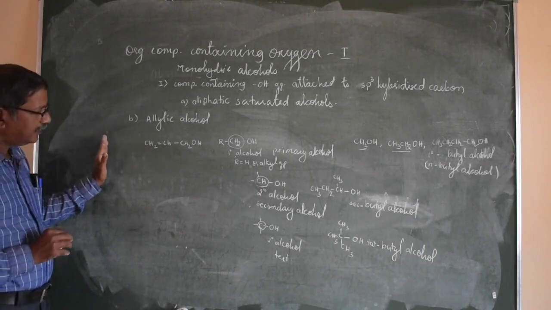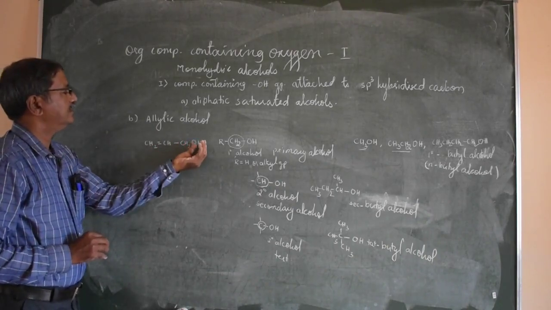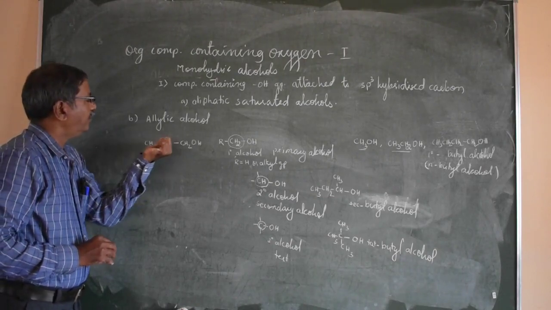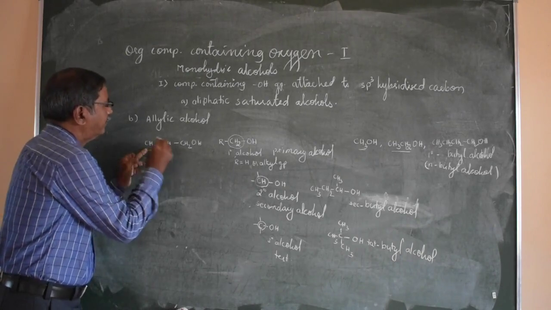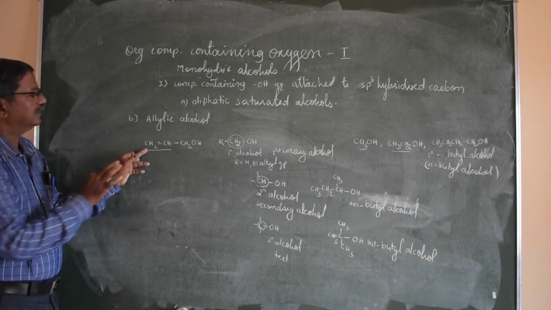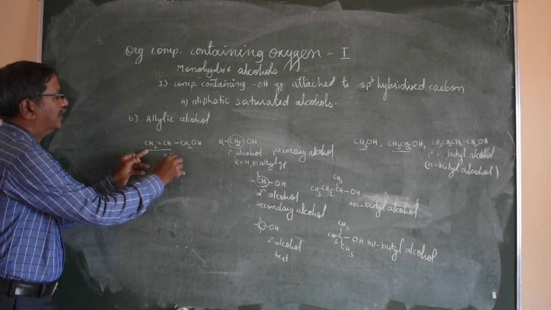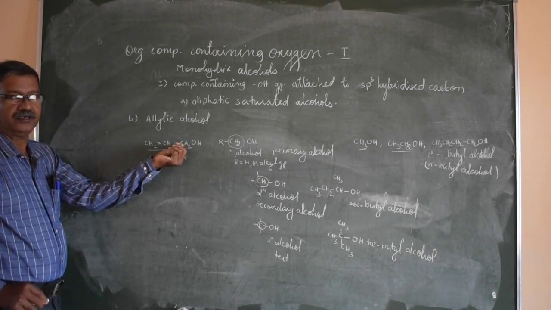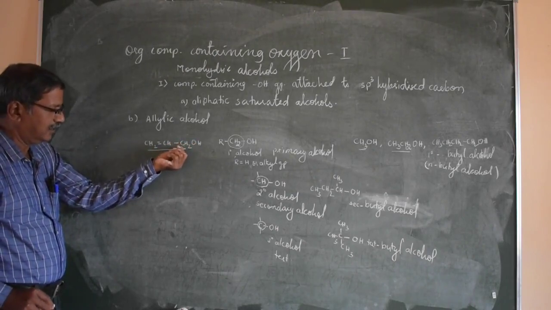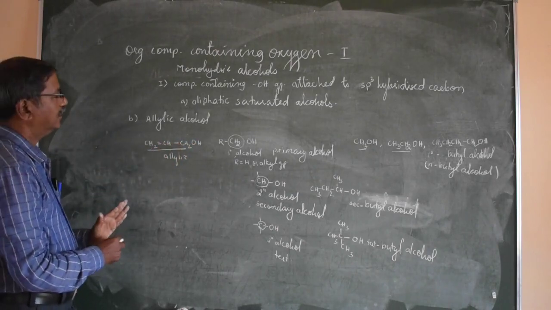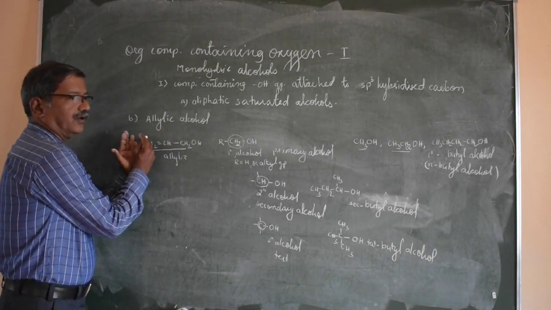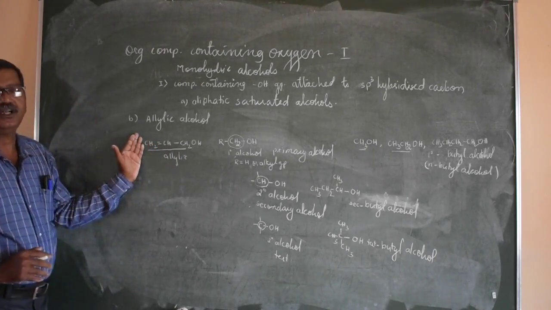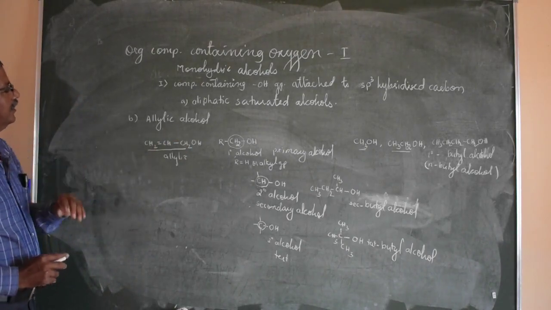Allylic means the functional group is attached to the carbon that is linked to the CH2 double bond CH. The functional group containing carbon attached to the double bonded carbon is called allylic alcohol.